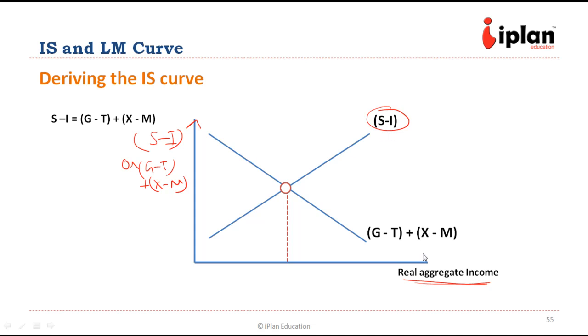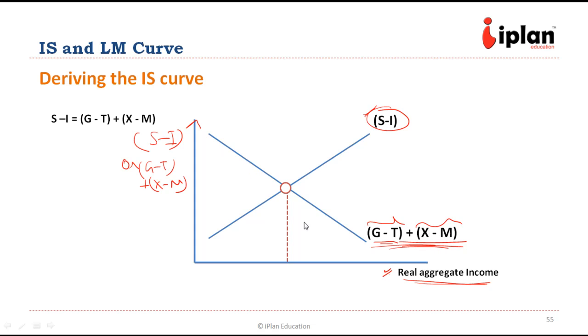For higher incomes, S minus I is automatically higher. Now if we look at G minus T plus X minus M, for higher income this is going to be lower. This is lower because of the higher taxes and this is lower because of the higher imports. So for higher real aggregate income, this term is going to be lower. So there is an inverse relationship.